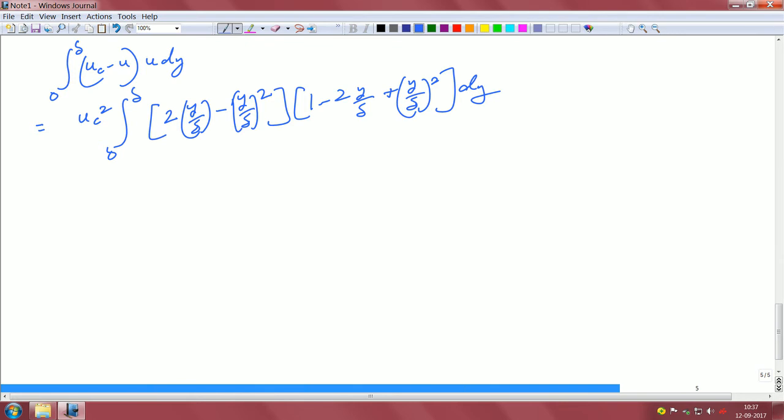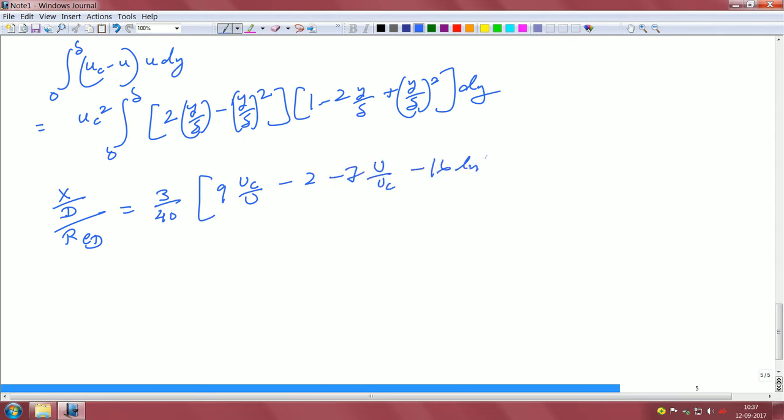If you follow through these steps, integrate the whole thing out, and put that back in your momentum equation, the final form that you are going to get is x by d divided by Re_d is equal to 3 by 40 times [9 uc by u, that is 2, minus 7 u by uc, minus 16 ln of uc by u].